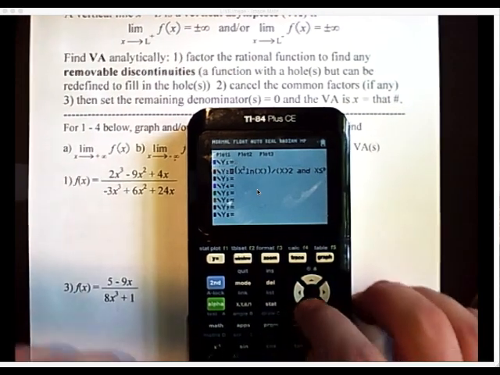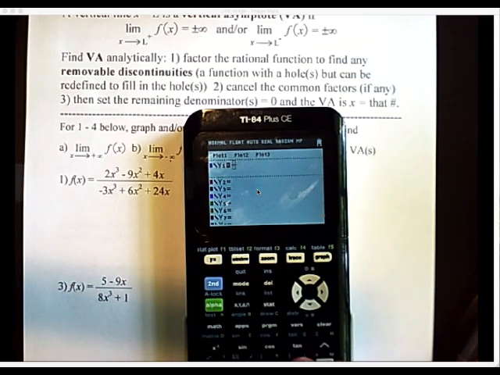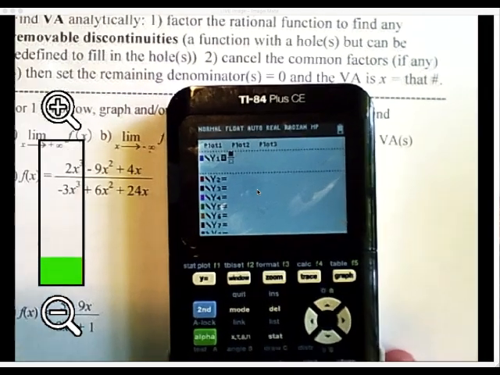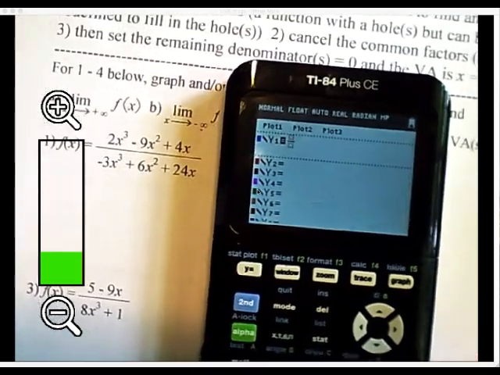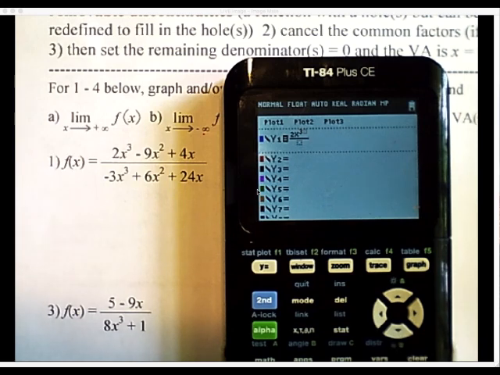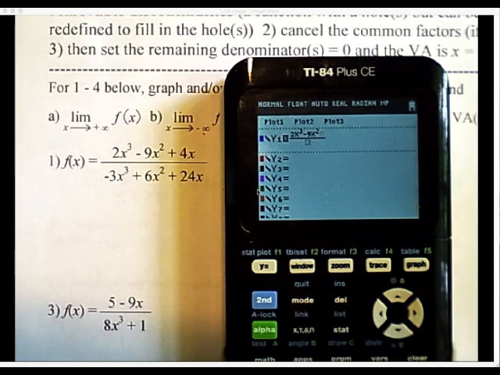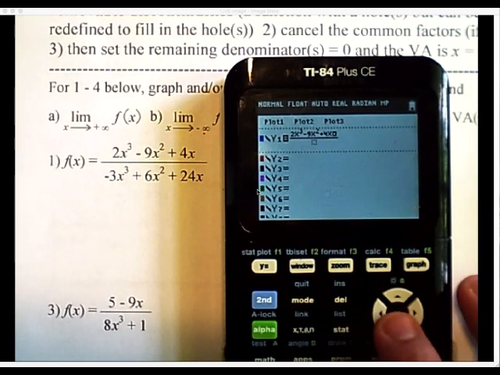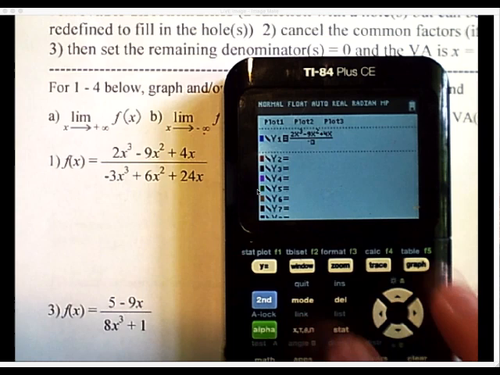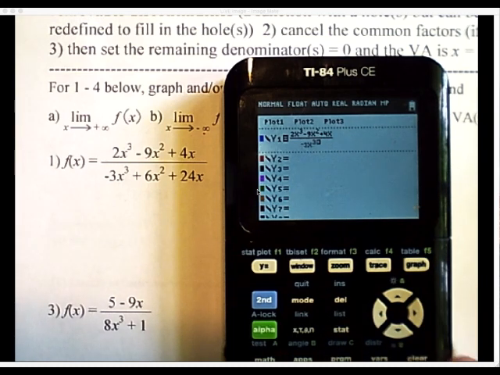So I'm just going to put this function into my calculator. Let me zoom in a little bit. Okay, so I set up a fraction: 2x cubed minus 9x squared plus 4x, all over negative 3x cubed plus 6x squared plus 24x.